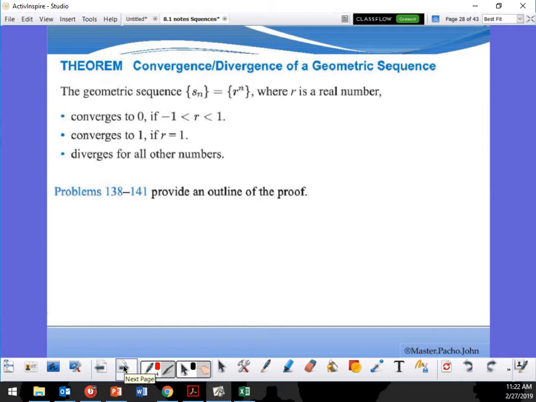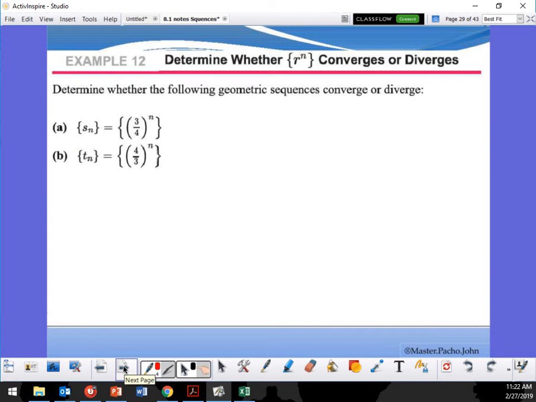All right, so geometric sequence right here, where r is a real number. It converges to 0 if this happens, converges to 1 if this happens, and diverges for all other numbers. Okay, let's try this one. The first item should be from where to where?